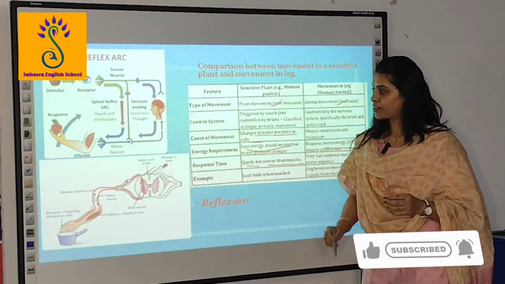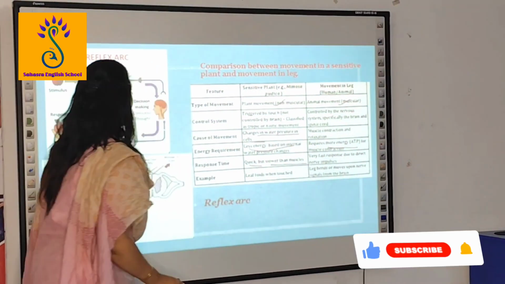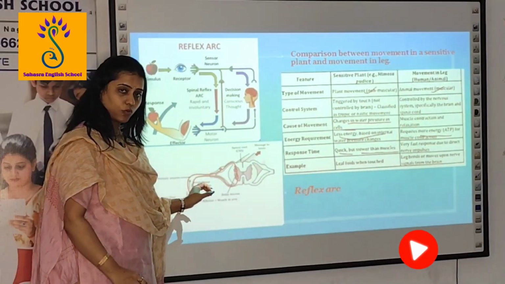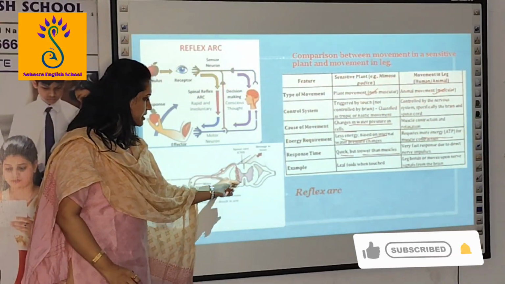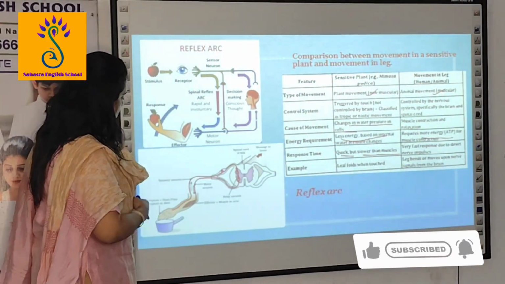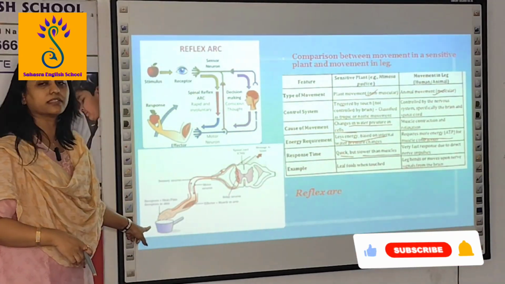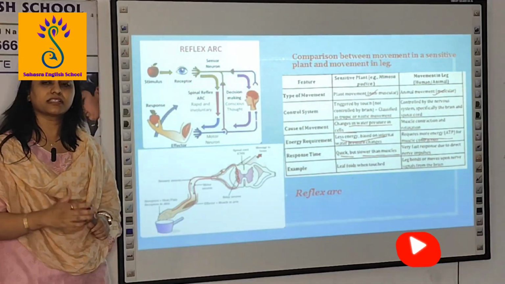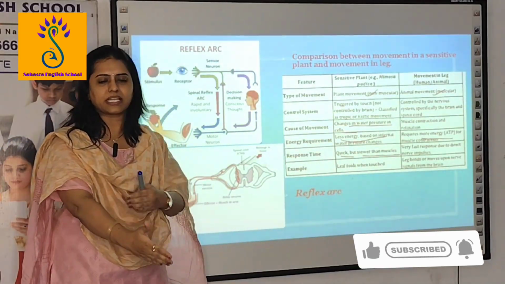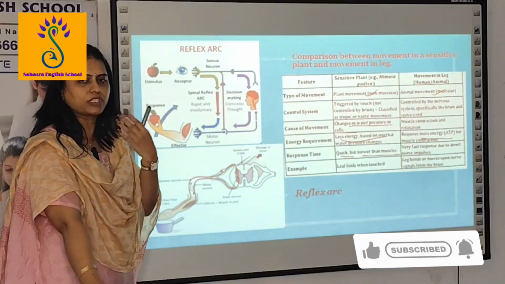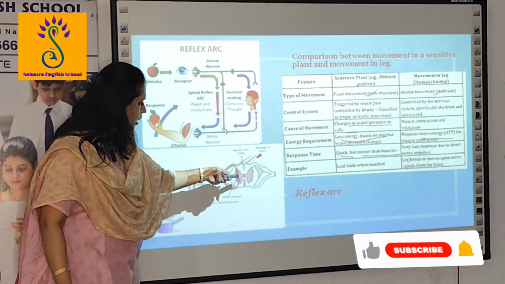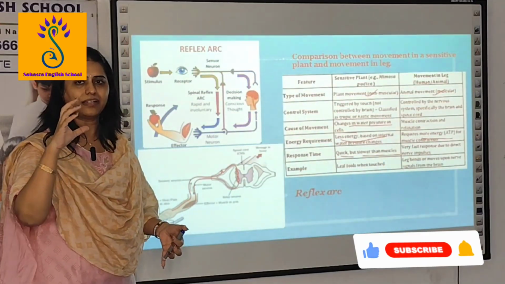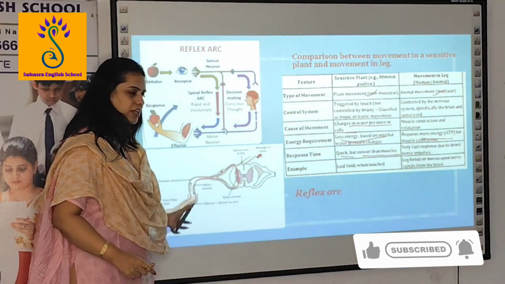Coming to the reflex arc. Questions on the reflex arc can be asked to draw the reflex arc. This is the spinal cord, this is the stimulus, a hot pan, assume that you are touching it. Sensory receptors present in your palm send the signal through the sensory nerves to the spinal cord. If it is an immediate and involuntary action, the spinal cord will respond.